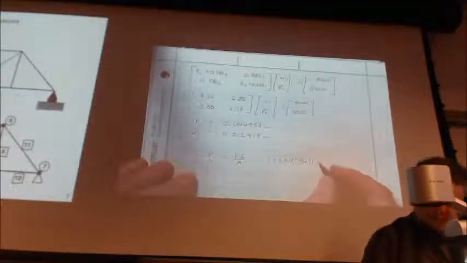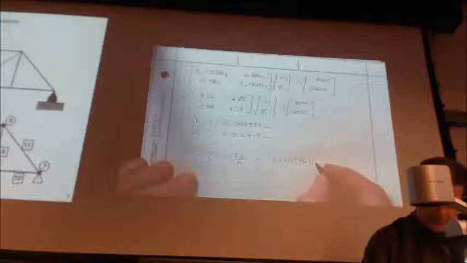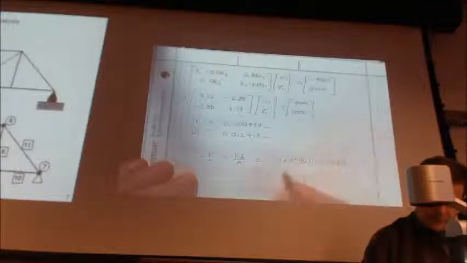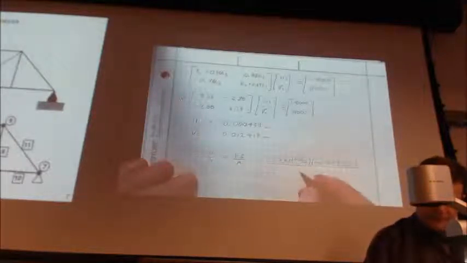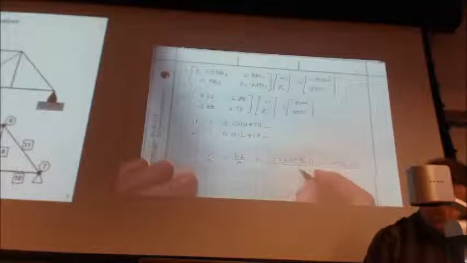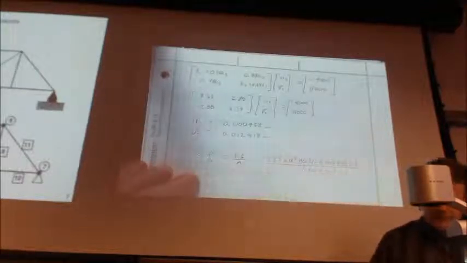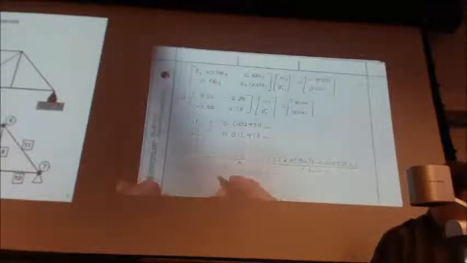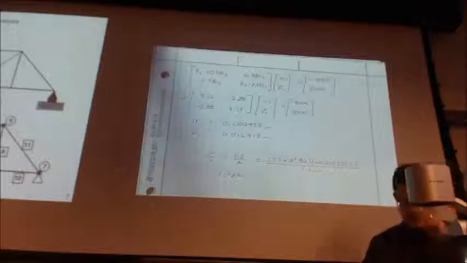So this would be element 1 times minus 0.0008 inches, now divided by, this one was 1.5 inches squared. So sigma 1 is going to equal minus PSI.